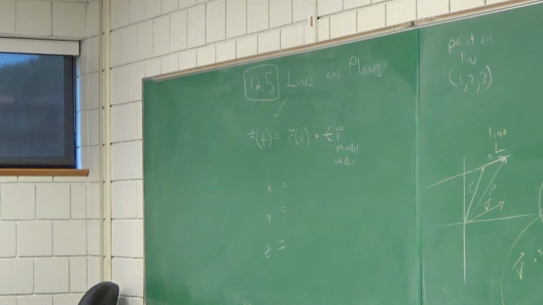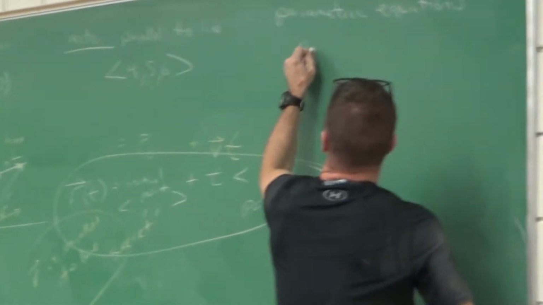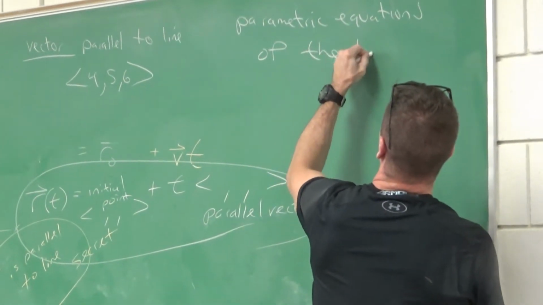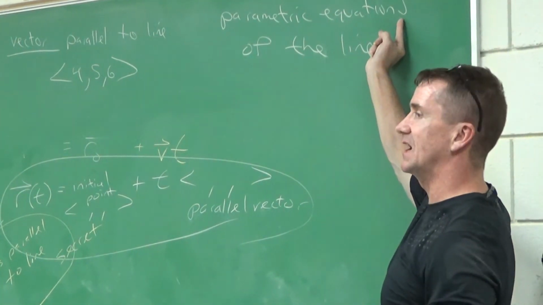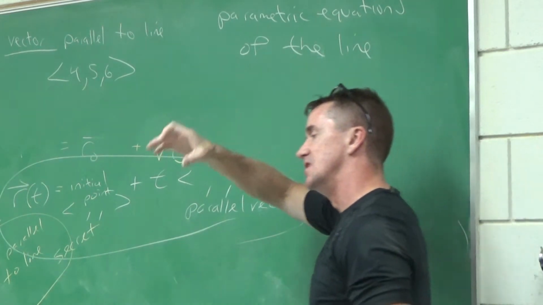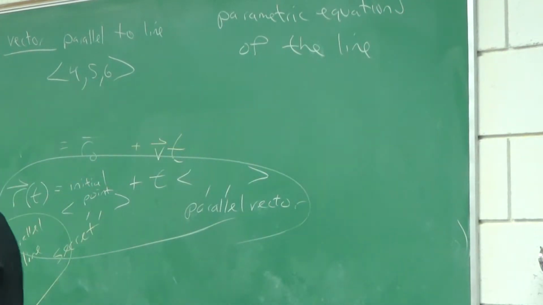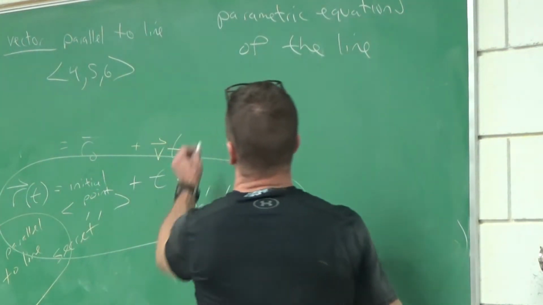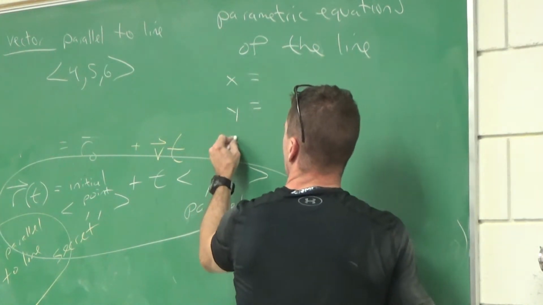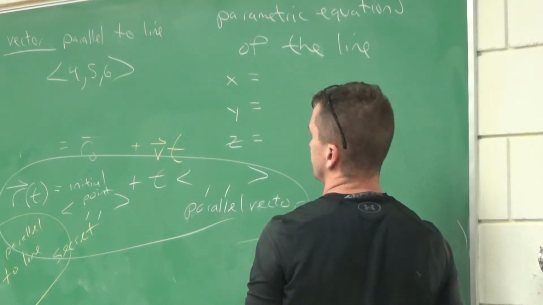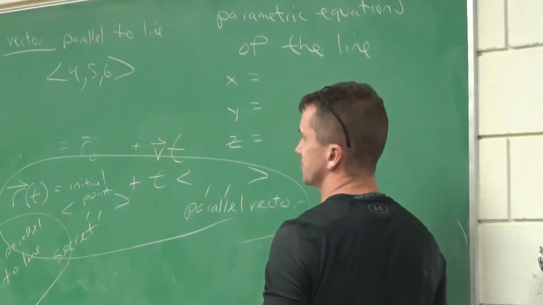These are called the parametric equations of the line. And there's not a typo here. I didn't say equation, I said parametric equations. So if we want to describe that line, because we have this parameter t, we'll talk about what x is equal to, what y is equal to, and what z is equal to. All right? I'll start by writing it as a vector, then we can write it this way.